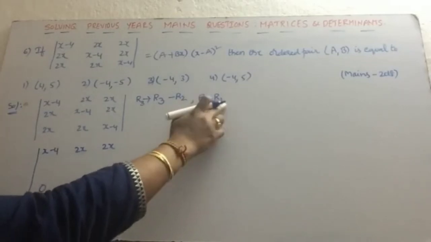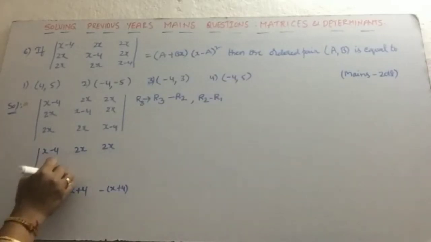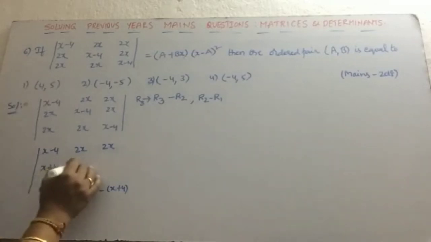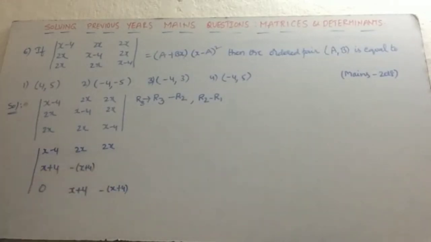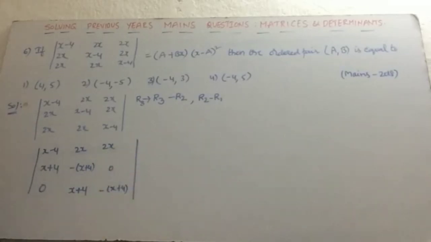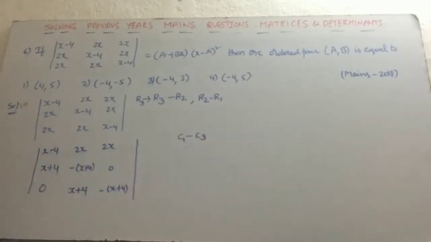And now R2 minus R1. That means 2x minus x minus 4, so here x plus 4, and x minus 4 minus 2x is minus of x plus 4, and now 2x minus 2x is 0. Next I will apply C1 minus C3.